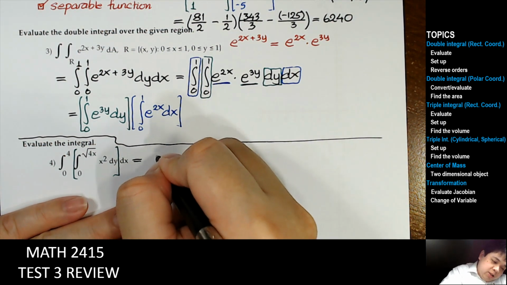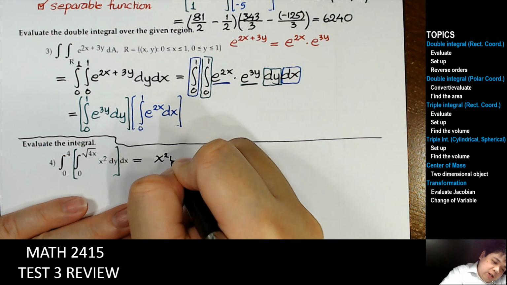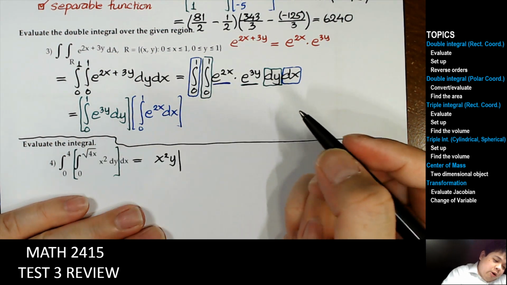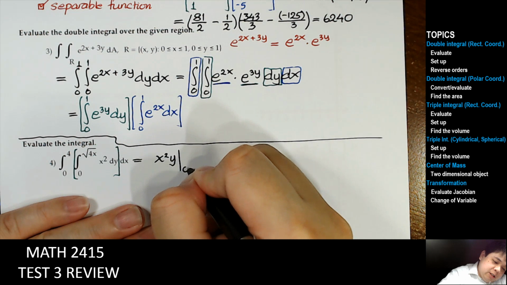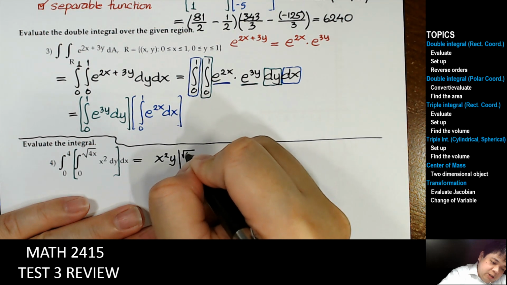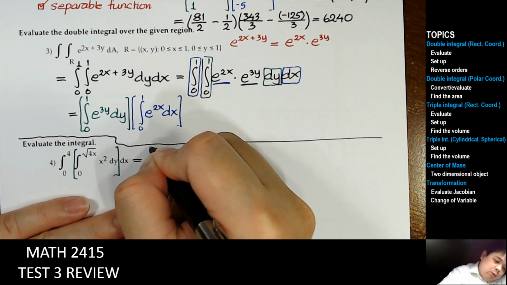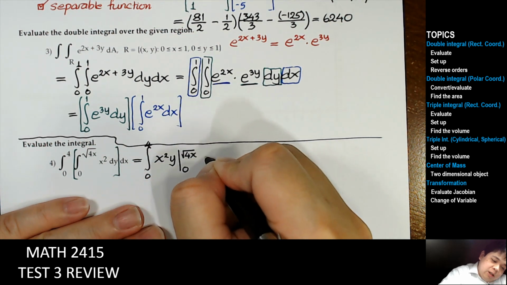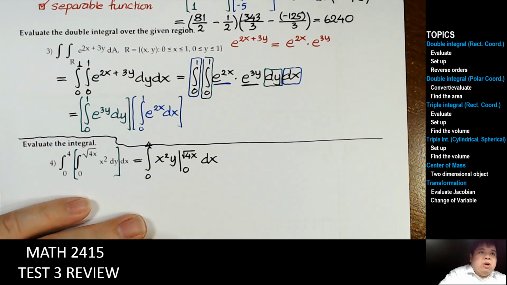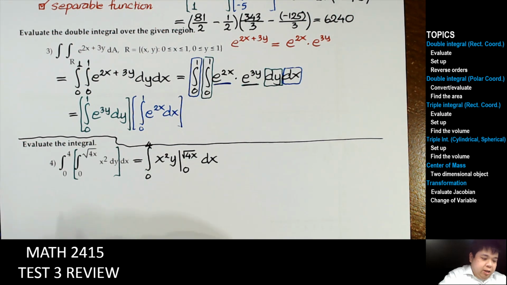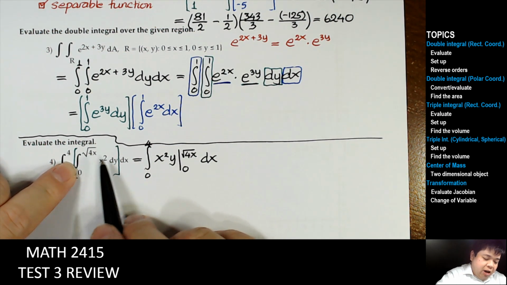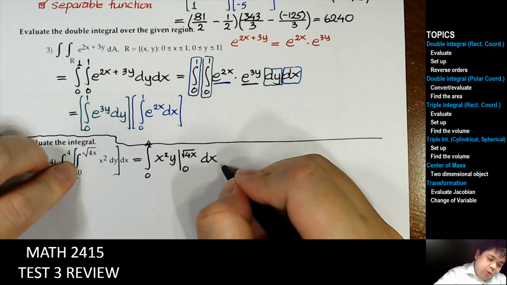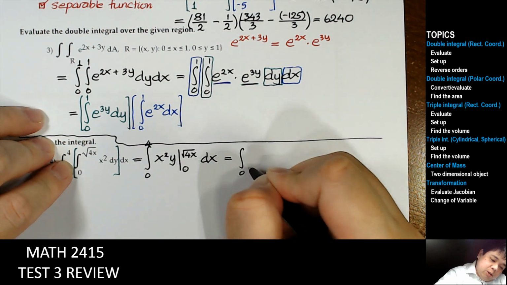So we're going to have x squared times y from 0 to square root of 4x. And then we still have the integral outside with respect to x. Right. Again, those limits are for y.